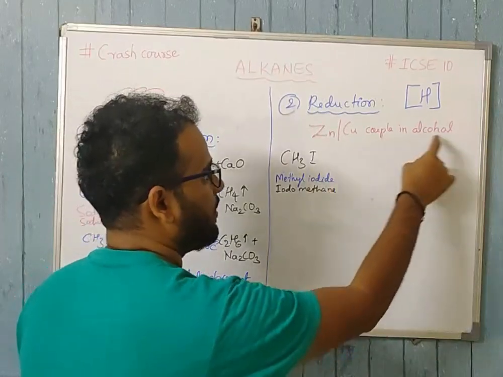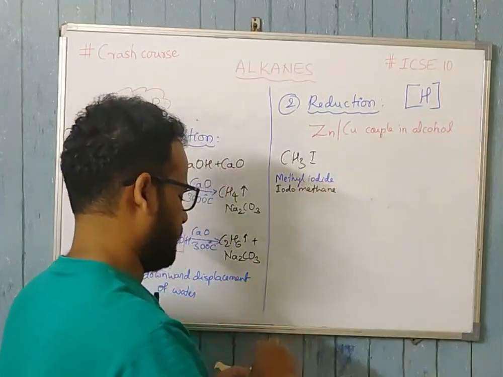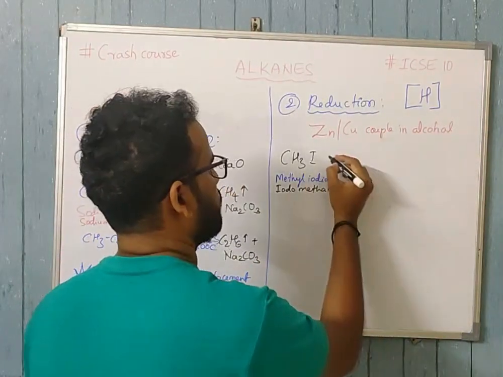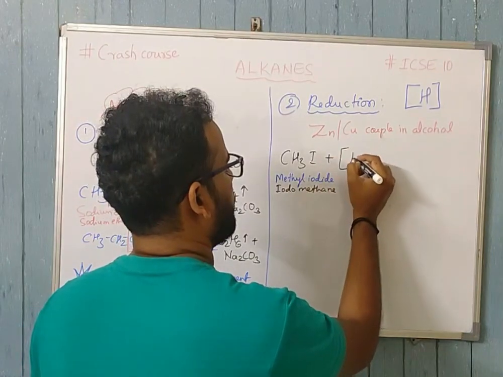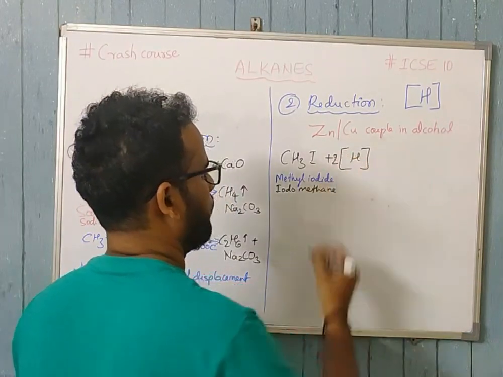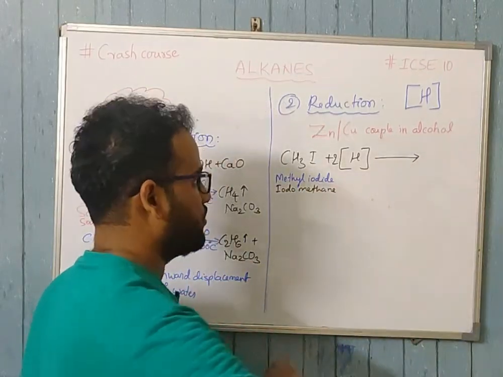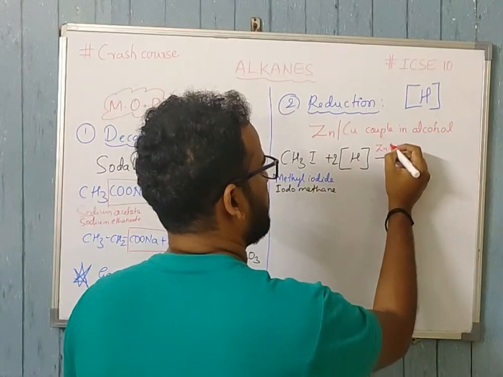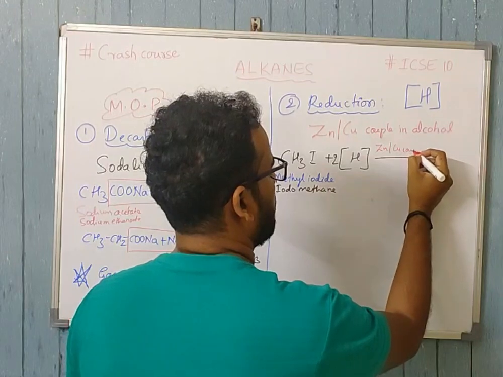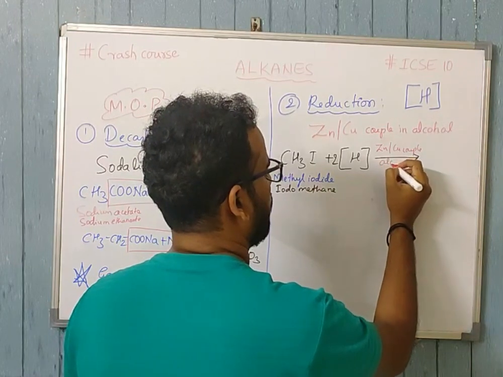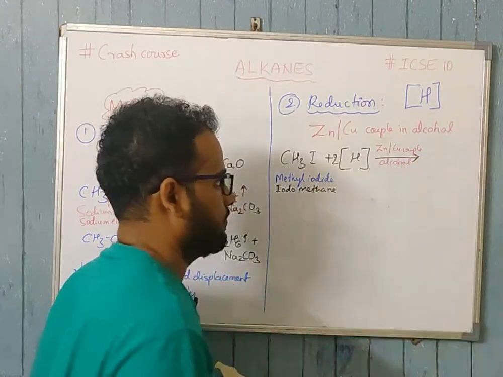Zinc copper couple in alcohol will give us nascent hydrogen. We write 2[H], as 2 hydrogen atoms are needed. On the arrow you have to mention the condition, that is zinc copper couple in alcohol. Alcohol here is a solvent.